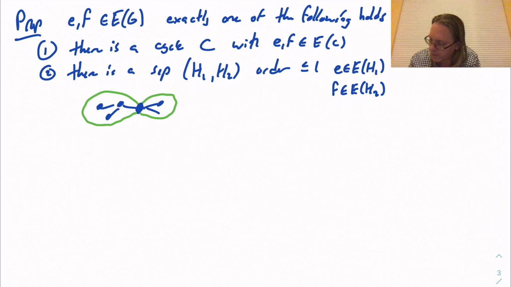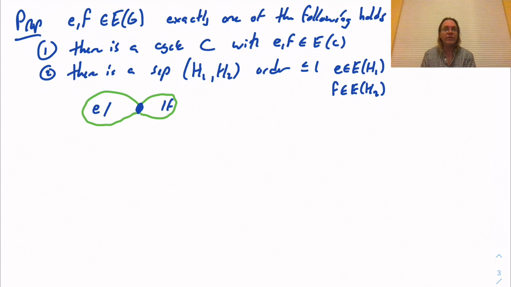So there's some separation of order 1. Let me ignore the graph on the left and just draw a separation of order 1. Somewhere over here is E, and over here is F. It's possible that F is incident with that vertex in the middle, and same with E.